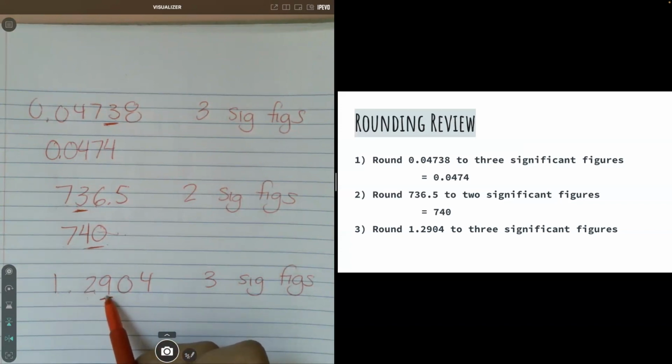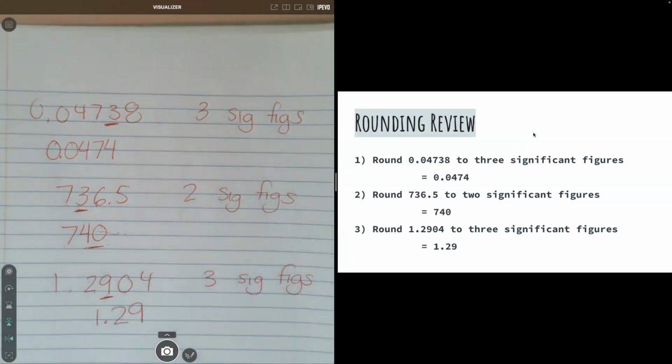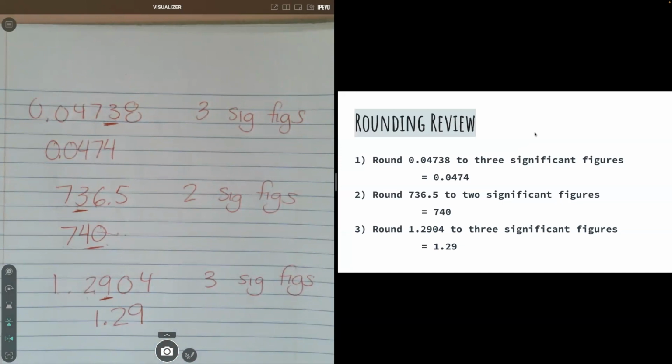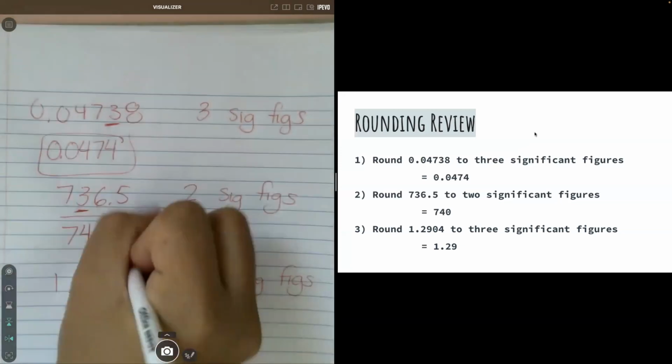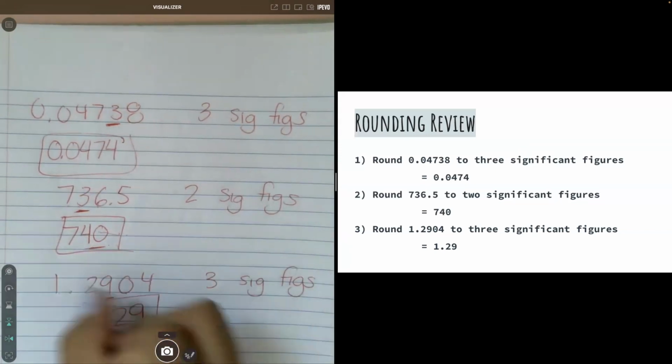They're definitely significant. Looking to the right of that 9, we have a 0. That means we're going to round this down. The 9 doesn't change. The answer would be 1.29 for that rounding. Okay, so I have to always box my answers so I can find them later.